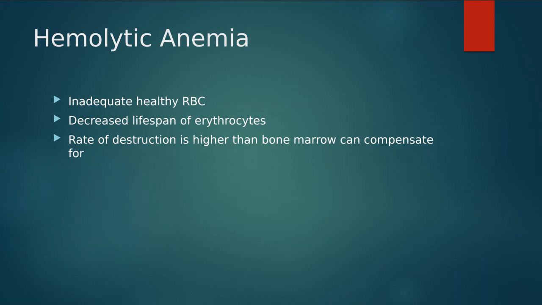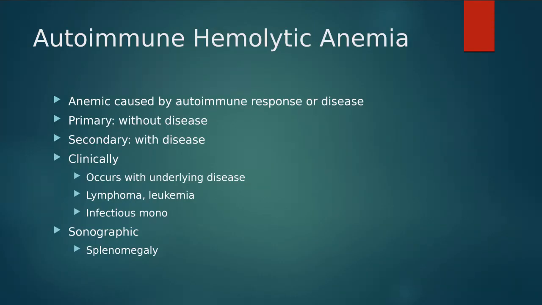Another anemia, we have autoimmune hemolytic anemia. This is when we have that hemolytic anemia that is caused by an autoimmune response or disease. So you can have primary without disease or secondary with disease. This means, is it primary from an autoimmune response, or is it secondary from a disease?